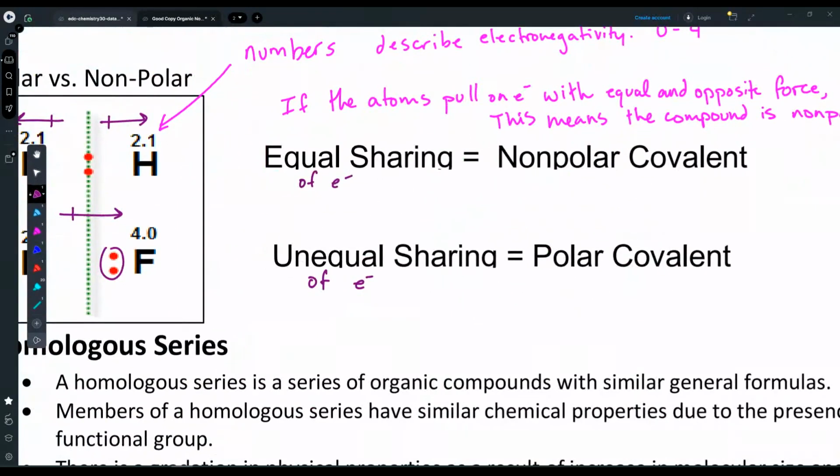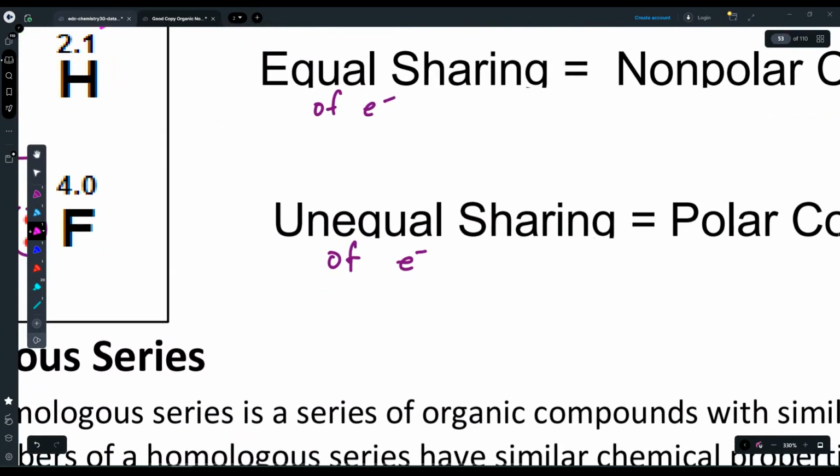Okay, so I know I've mentioned the definition of electronegativity. Let's just write that out while we have space here.